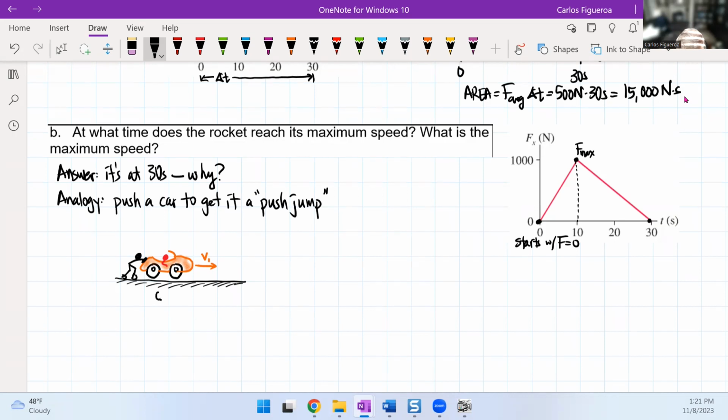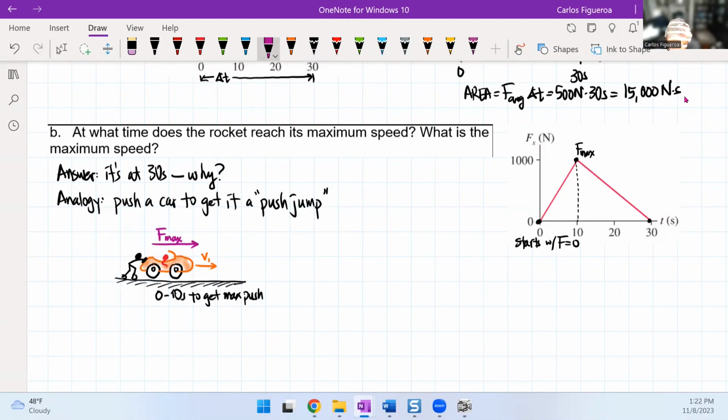So you push hardest from 0 to 10 seconds to get max force or max push. So you could imagine that when you get to 10 seconds, you have now created a force that's going to give you a maximum force.